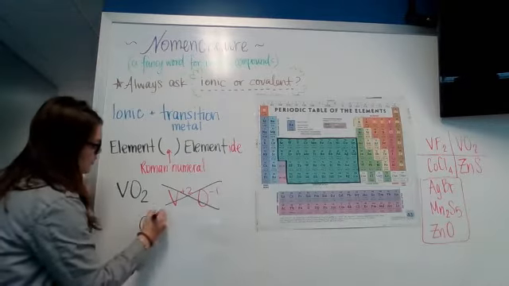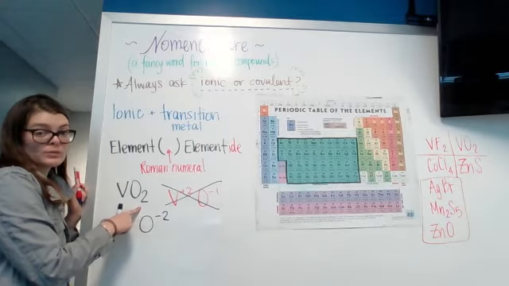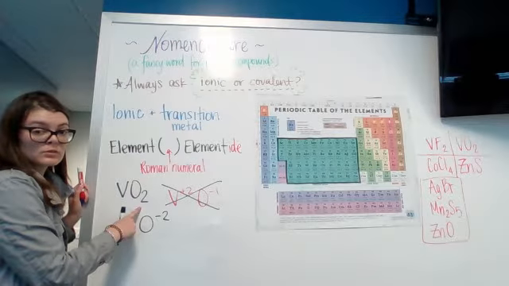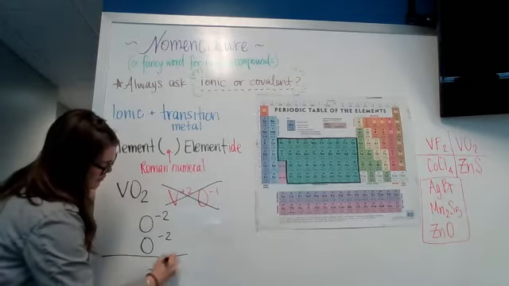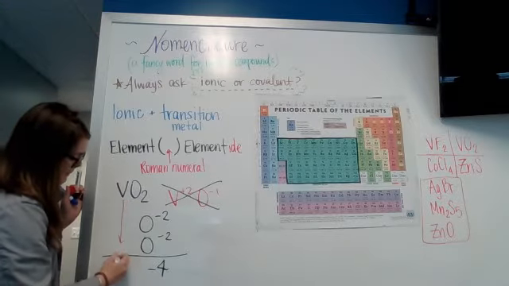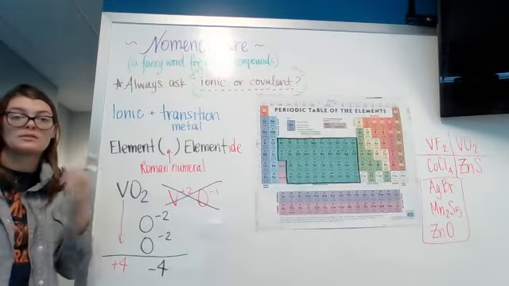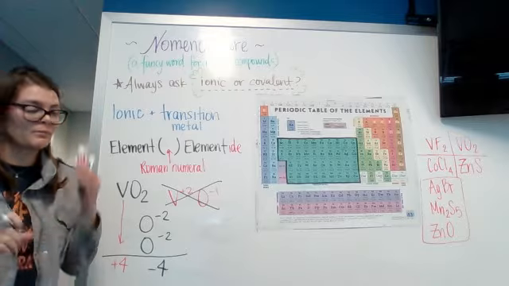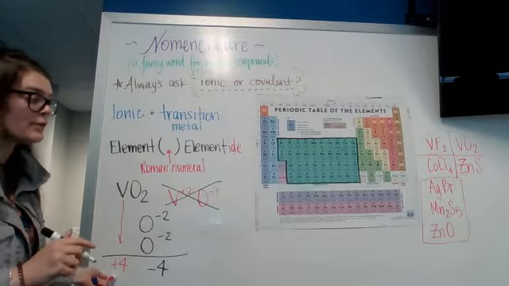So if we know oxygen is -2, and there are 2 of those, then that means that the grand total is going to be -4. Therefore, this 1 V must be +4 because we need those to be in equilibrium. We need them to cancel each other out. So, that means that +4 is going to be the charge of vanadium.